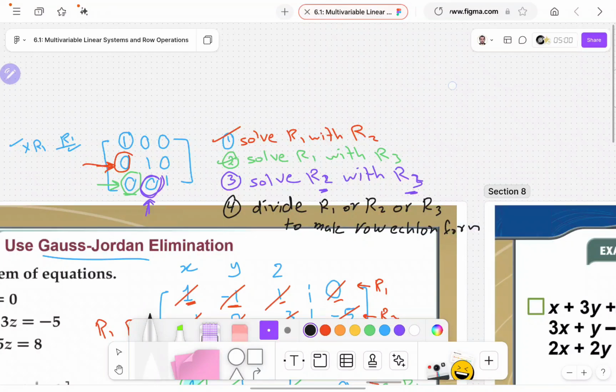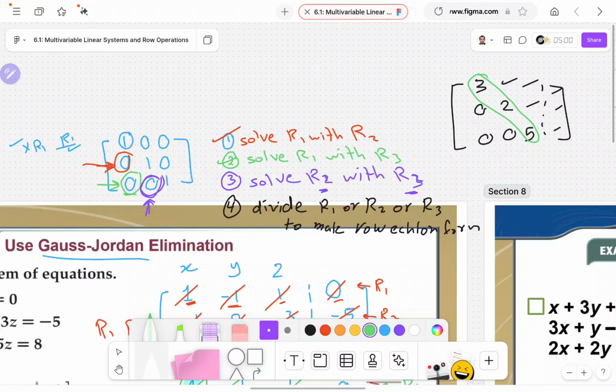What I mean, for example, if you start solving and you get here, for example, 3, 0, 0, and here, for example, 2, 0, and here, for example, 5, and any numbers in the other positions. As I told you before, this one should be equal to 1. So you can divide row 1 by 3, row 2 can be divided by 2, then row 3 can be divided by 5.